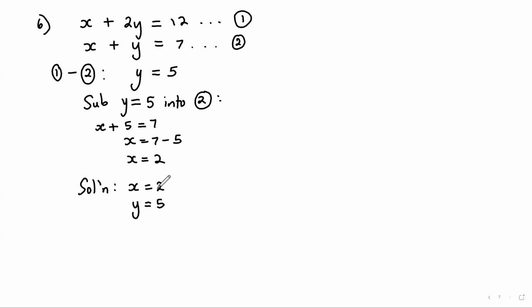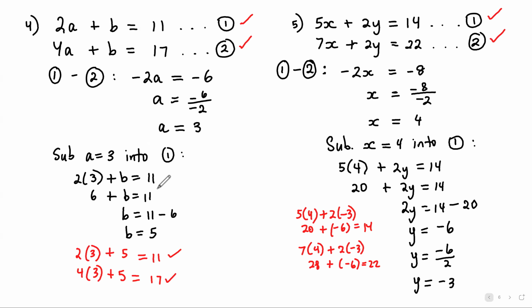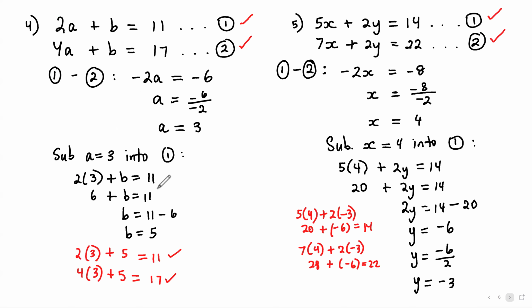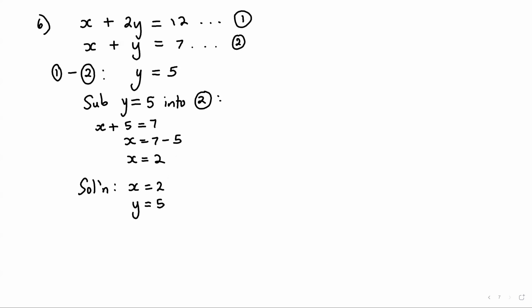The next one that I gave you all, number 7, is 4p plus 3q is equal to negative 5. And I told you I'll be careful with the negative signs here.